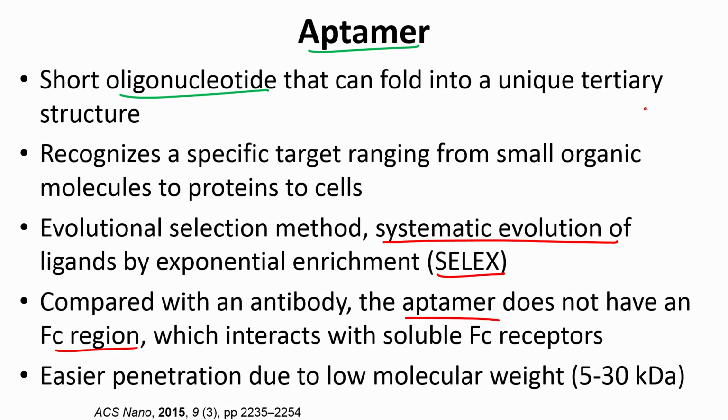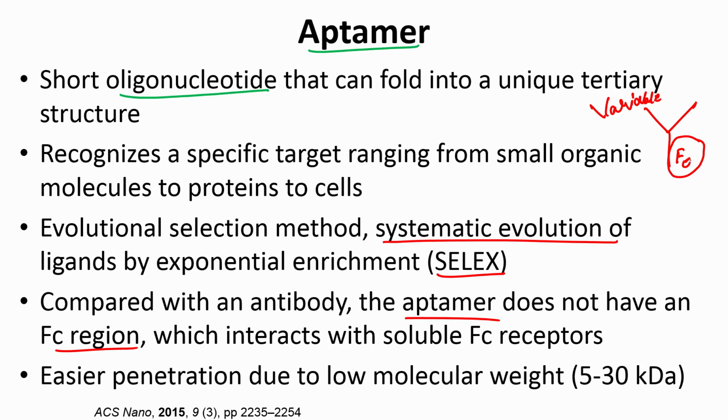As I described, antibodies are large molecules that have an Fc region and a variable region. The basic function of the antibody is to be like a tag for the immune system. If an antibody is binding to a certain region or certain protein, that acts as a tag for the immune system to remove it, because that is considered foreign, and the way the body does that is through this Fc region.